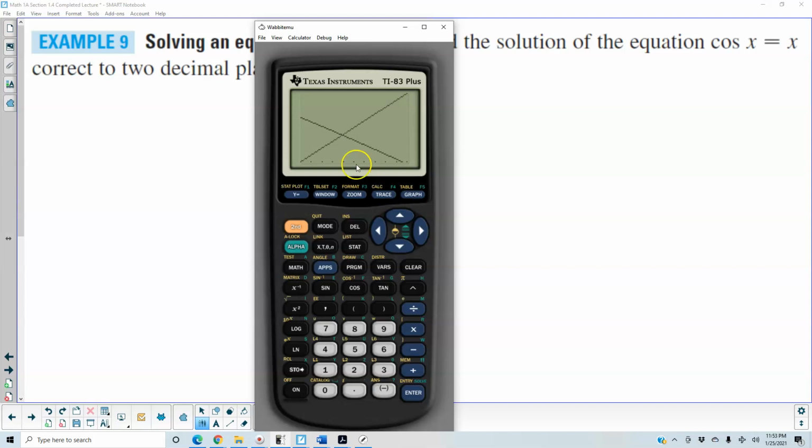So now when we graph, we can see that even a little bit more clearly. And in this scenario, we're going to get 0.74 and then 0.74. So that's one way to do that by using the TI-83/84.